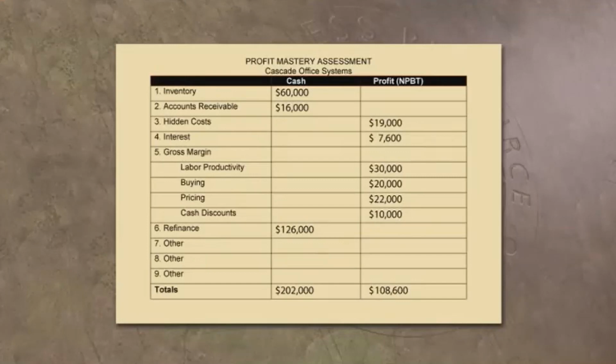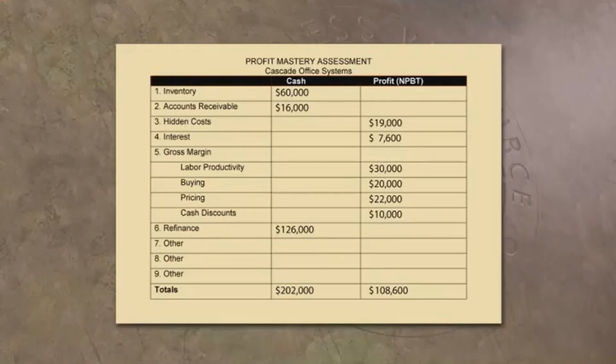And all we've done here is we've taken all of the items off of our roadmap and we've laid them out according to whether they have a primary cash impact or a primary profit impact. So there's the 60,000 of inventory. There's the 16,000 of receivables. The hidden cost of 19,000 and the interest of 7,600 on the inventory and receivables amount.